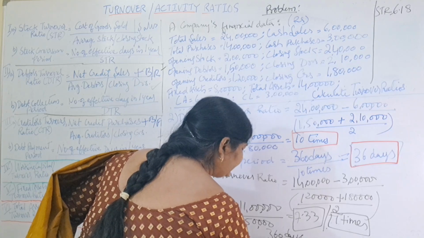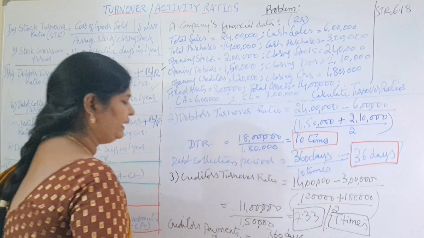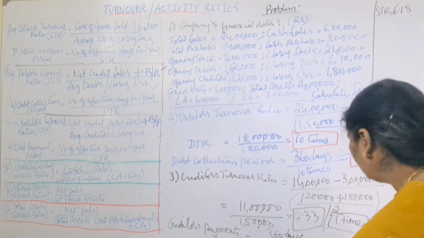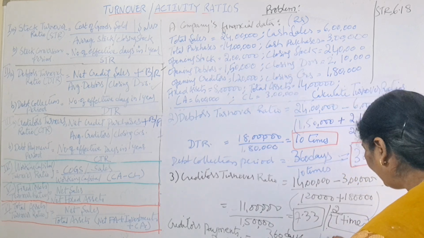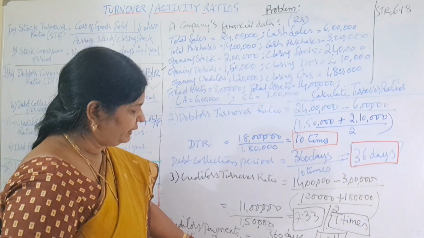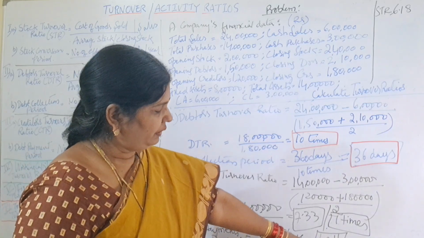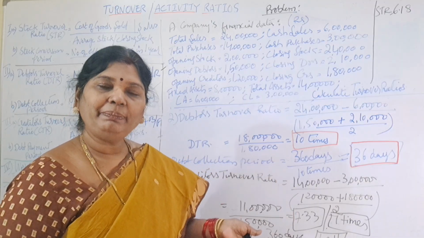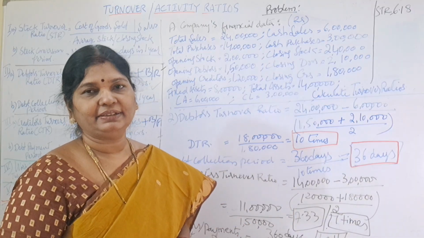So how much will you get? 360 days divided by 7.33. You will get 49.11. Our debt payment period is 49.11, meaning roughly every 50th day we can pay our debt.